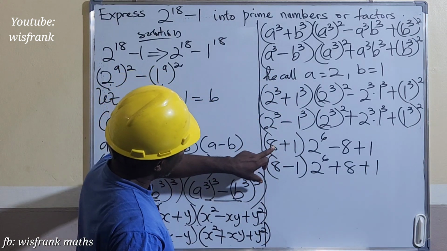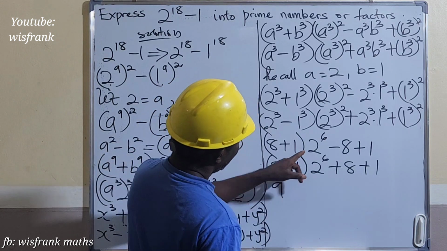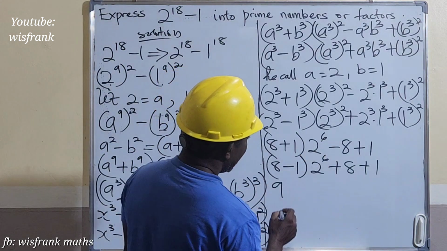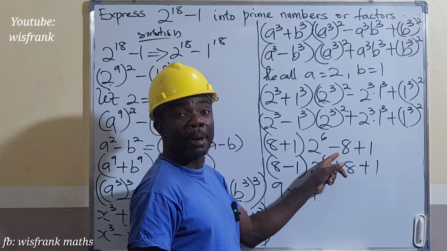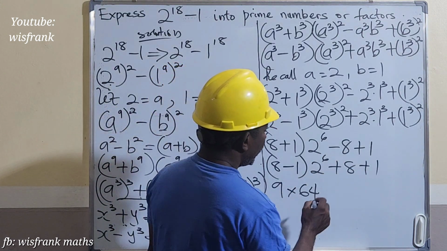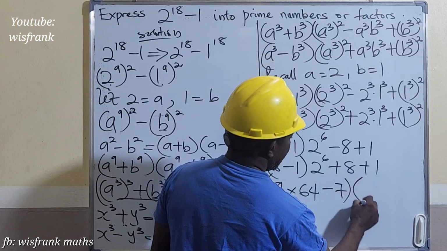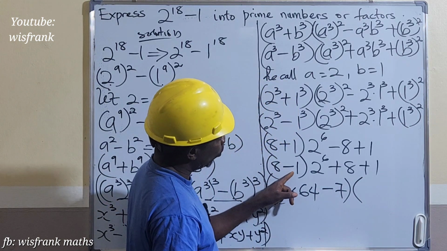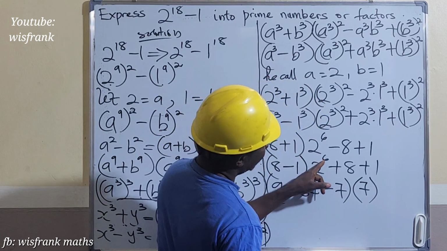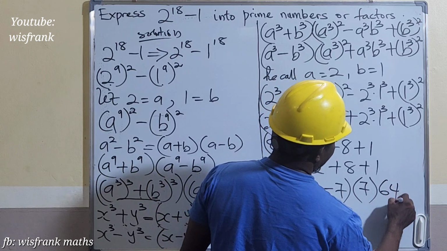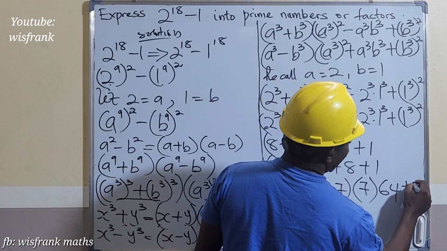So in this case, we have 8 plus 1, which is 9. 2 to the power of 6 is 64. Then we have 8 minus 8 plus 1, which gives us minus 7. Then we have 8 minus 1, which is 7, and 2 to the power of 6, which is 64, plus 8 plus 1, which is plus 9.